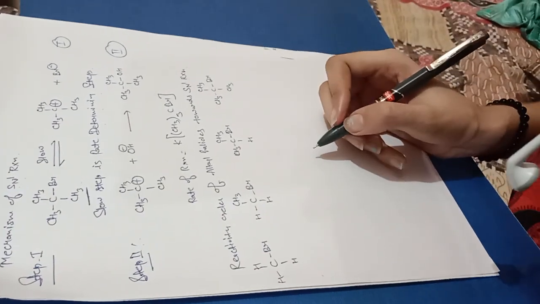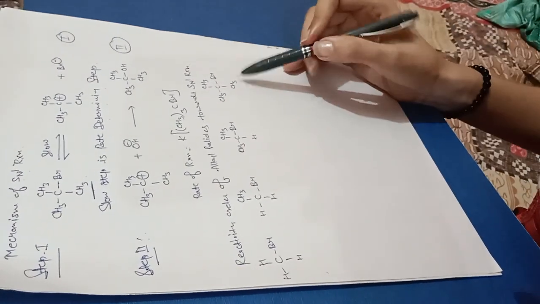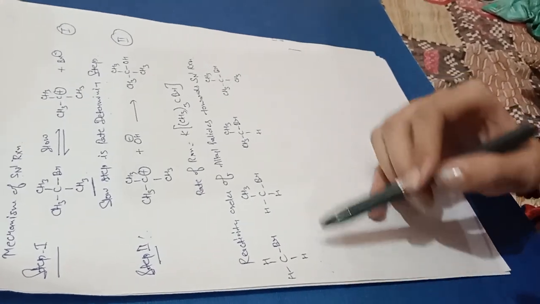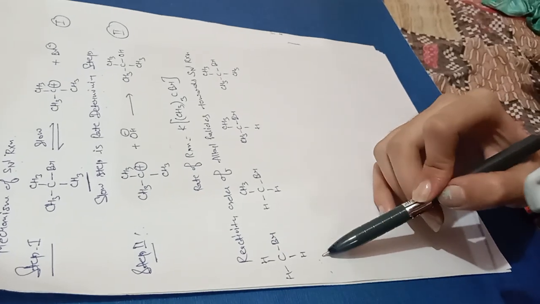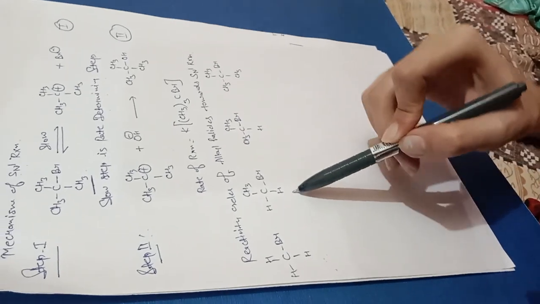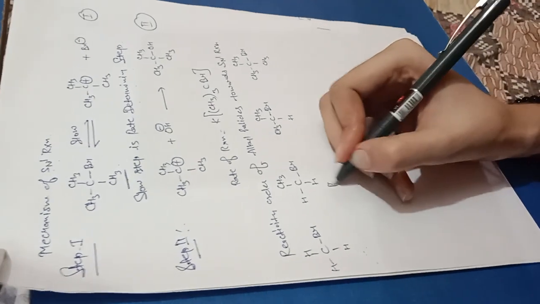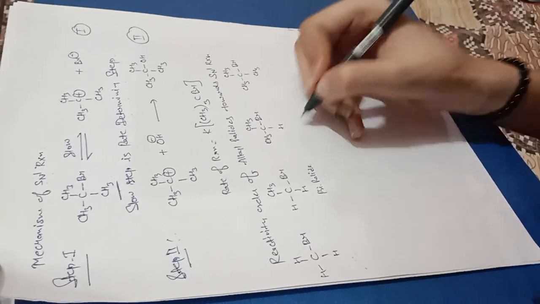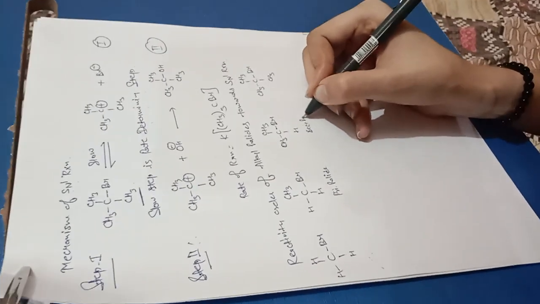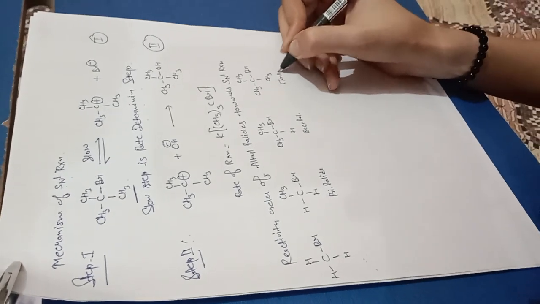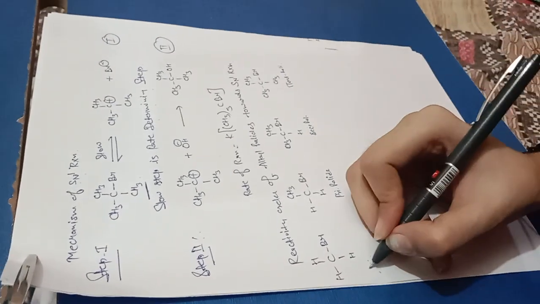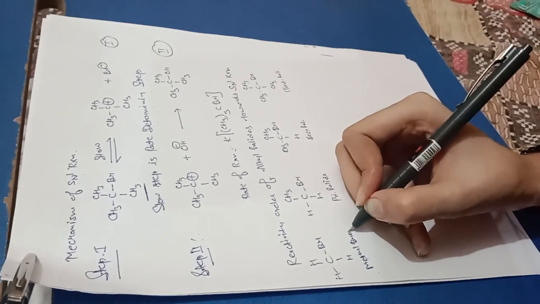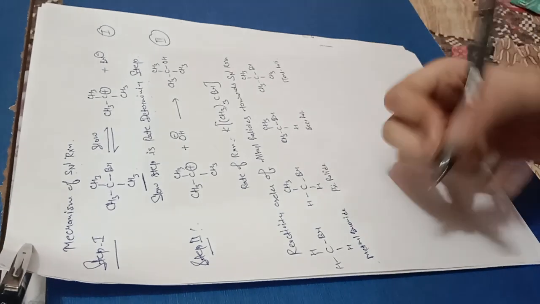Okay, now out of simple methyl bromide, or you can say simple alkyl halide, then your primary halide, and secondary, and then your tertiary halide.